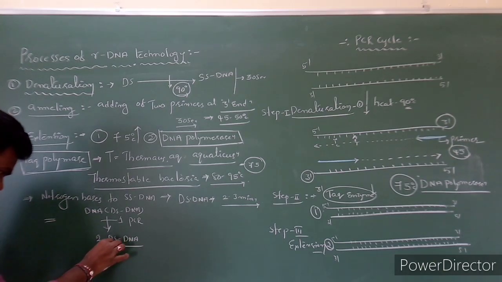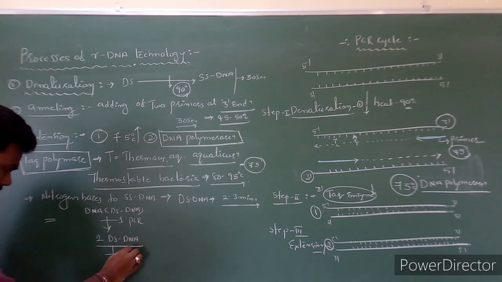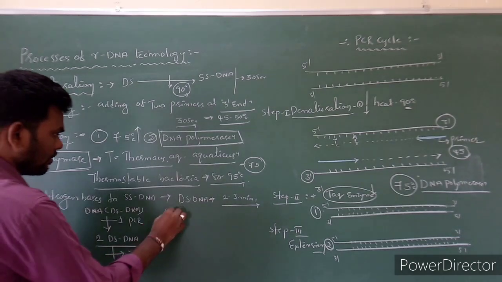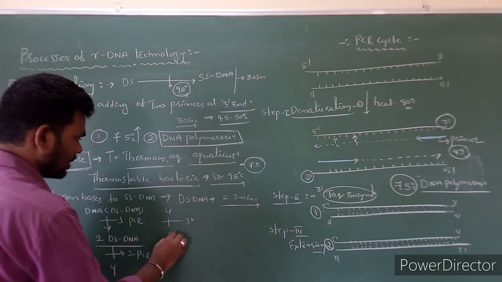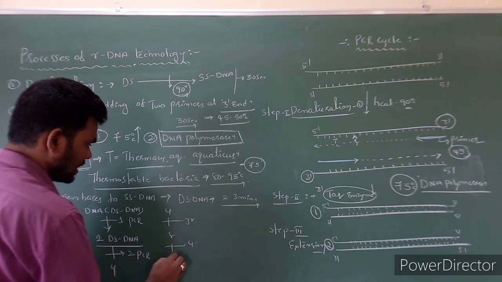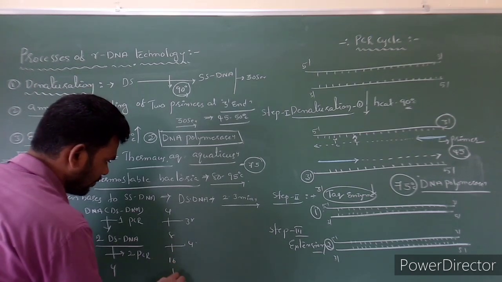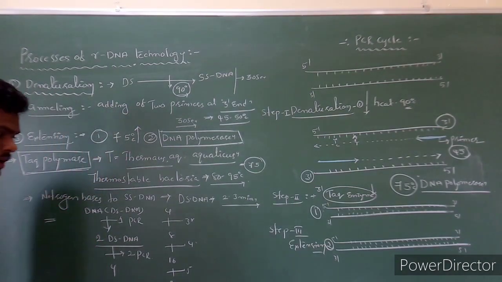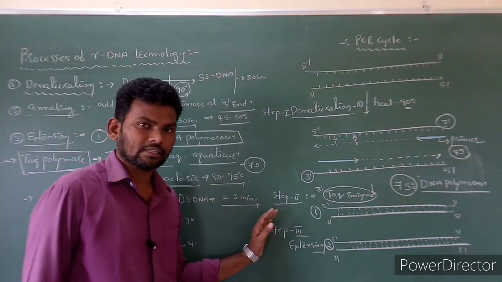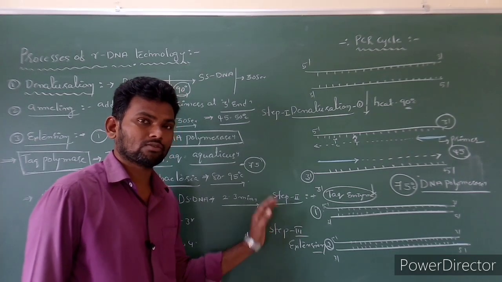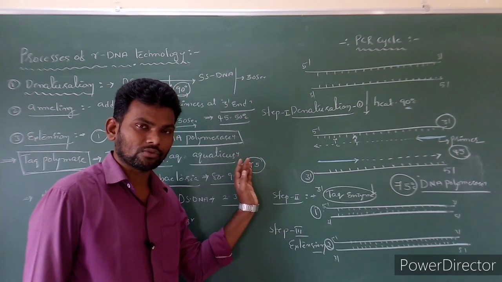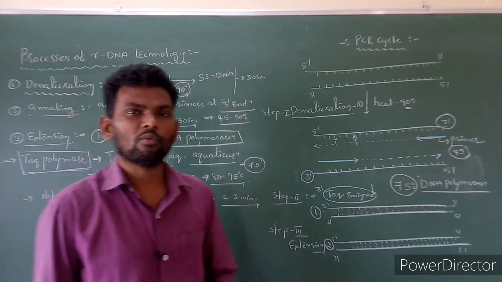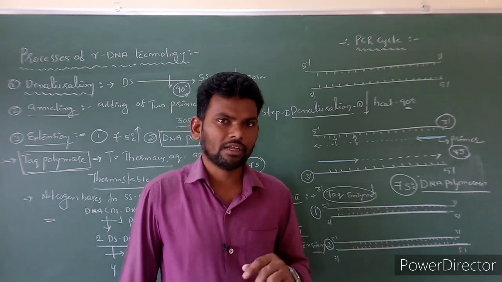And again, second PCR cycle 4, third PCR cycle 8, fourth PCR cycle 16 and fifth PCR cycle 32. After 30 to 40 cycles we can get nearly 1000 lakhs copies of the desired gene. Clear? So this is regarding the PCR cycle, very important for theory as well as the NEET exam.